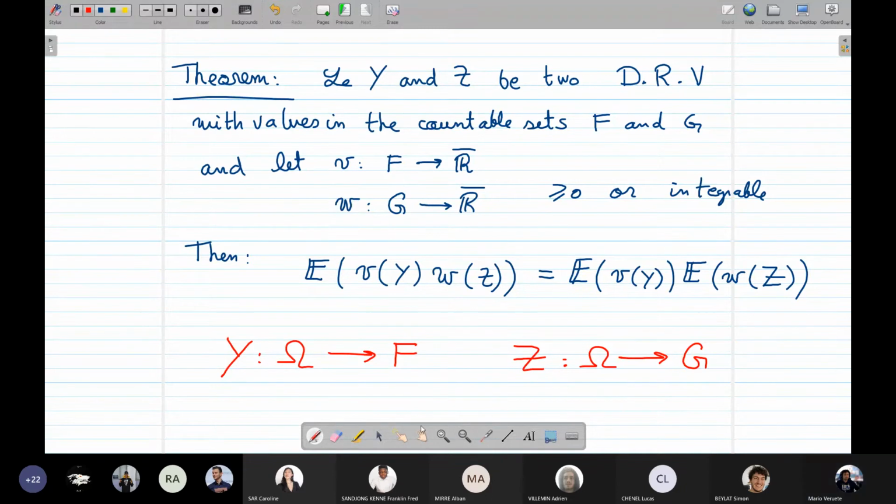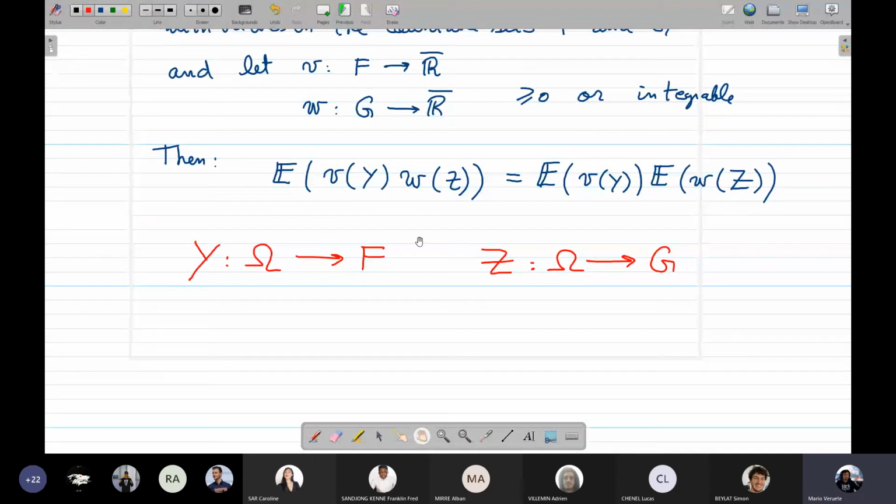And then you have those functions V and W. V goes from F to R bar, and W goes from G to R bar.